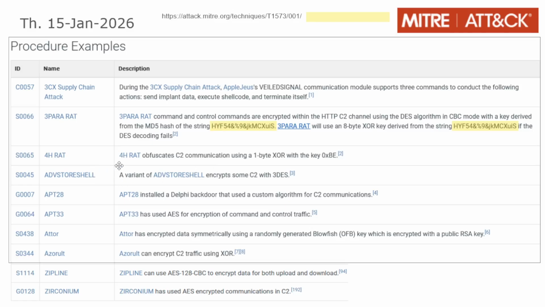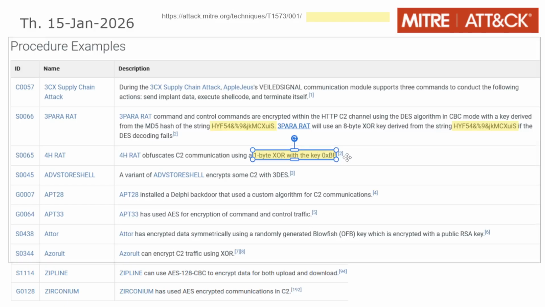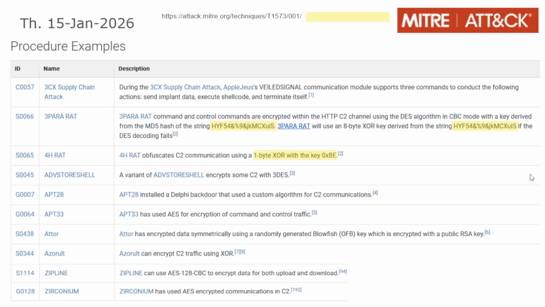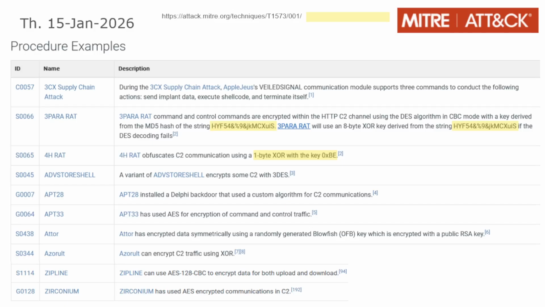What else do they do? The 4H RAT obfuscates C2 communication using a 1-byte XOR with the key. So it's a pretty short key. They don't even try to be fancy here, but it will look like an encryption. As a researcher, you have to get the idea right first that such an encryption has been used.